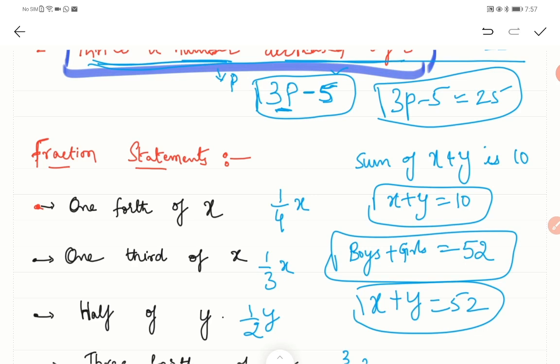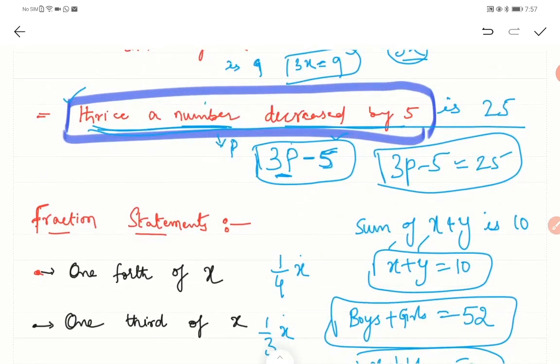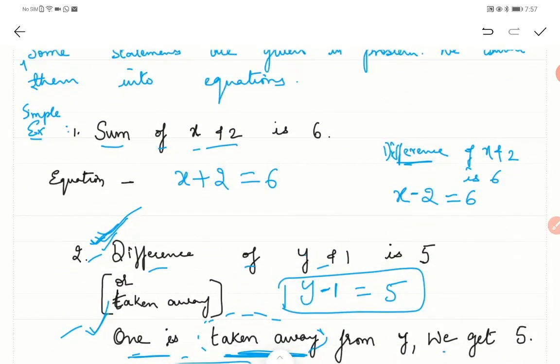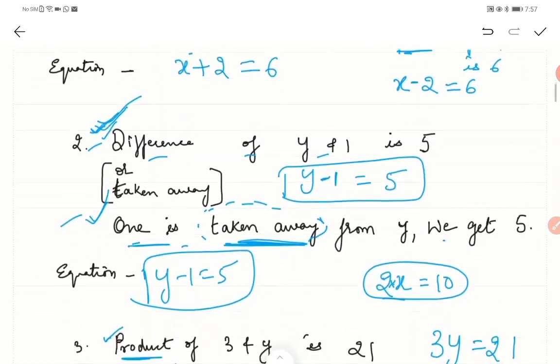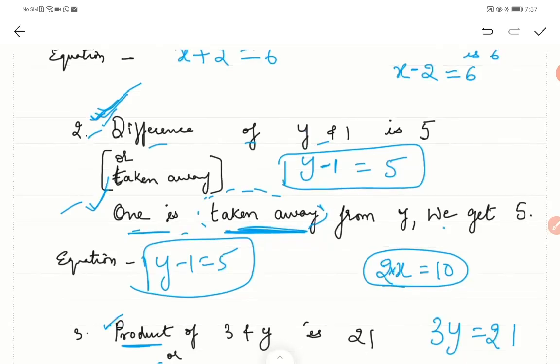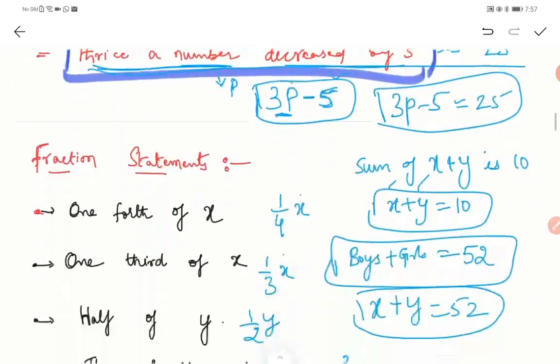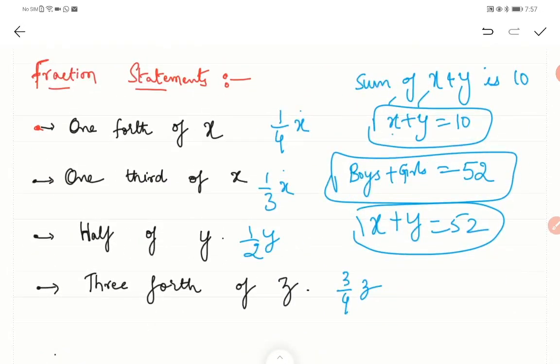So you'll have expressions in which you'll have many variables. It's not necessary that you'll have only one variable. Like we had seen in all these, an equation with only one variable, it is possible that you will get an equation in which you will have more than one variable also.